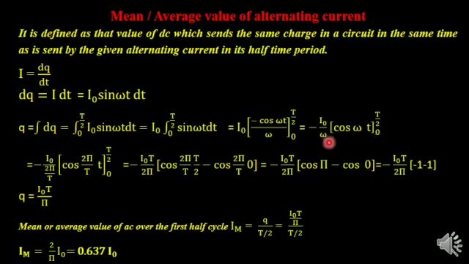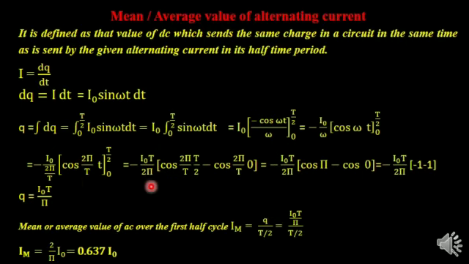But omega equals 2 pi divided by T. Thus q equals minus I0 divided by 2 pi divided by T into cos 2 pi divided by T into t, limits from 0 to T half.